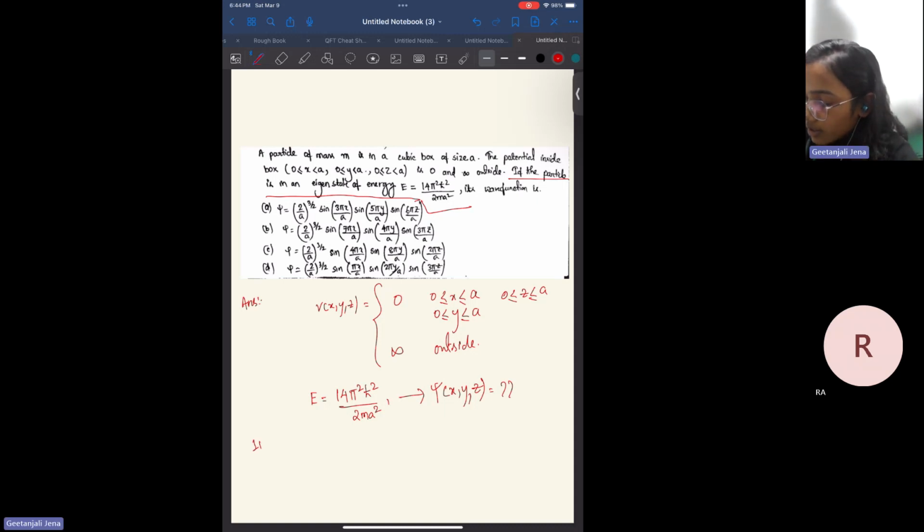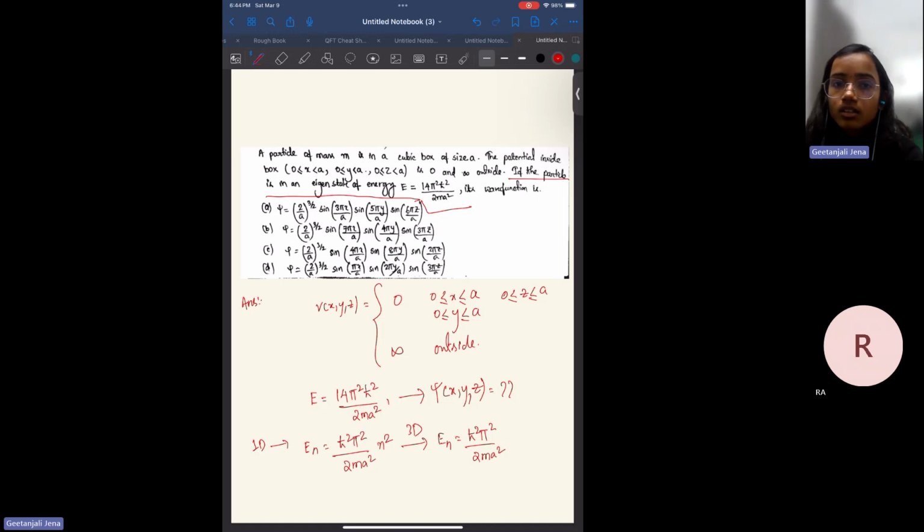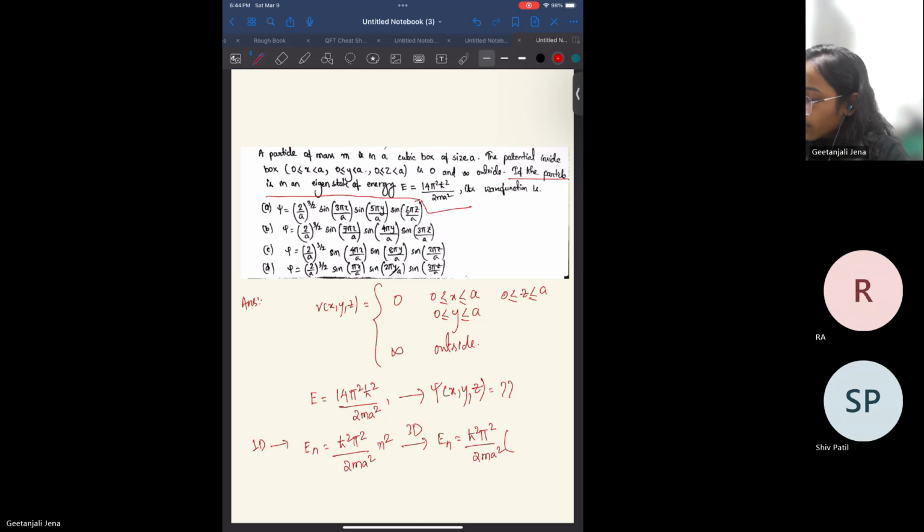For 1D we know that the energy is h squared pi square divided by 2m a square times n square. Now when we are talking about a particle in 3D, this energy can be written as h squared pi square over 2m a square times nx square plus ny square plus nz square.